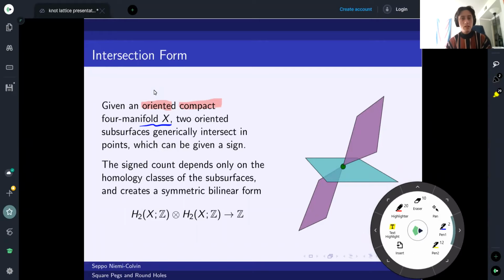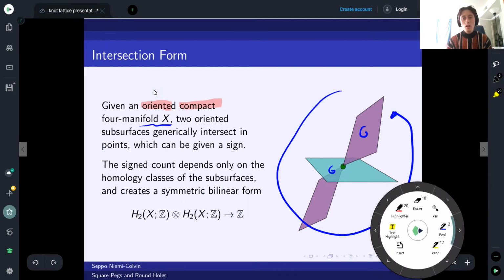And these points can be given a sign, because everything inside is oriented, the two subsurfaces and our larger space. And we can ask if the two orientations on the subsurfaces are compatible with the larger orientation or not. So that would either be a plus or a minus, depending on whether they're compatible.